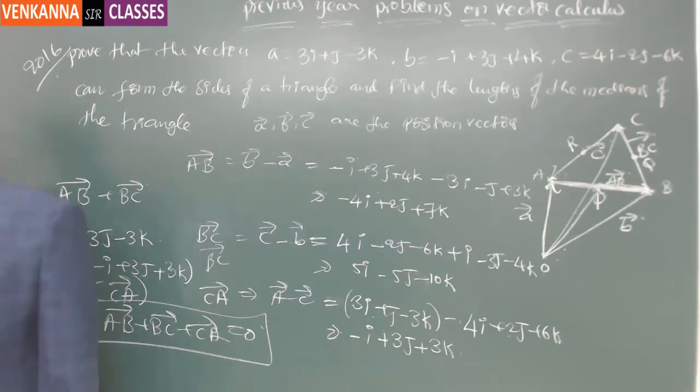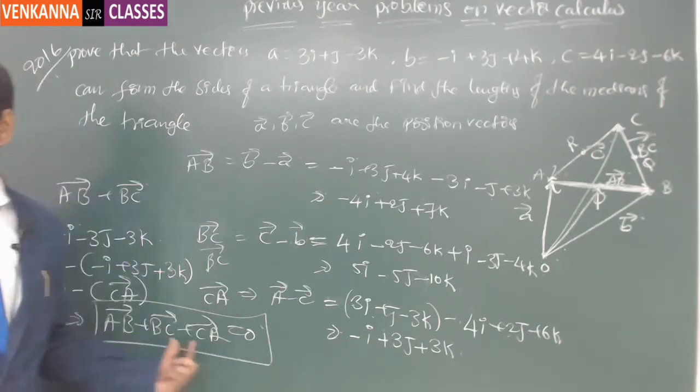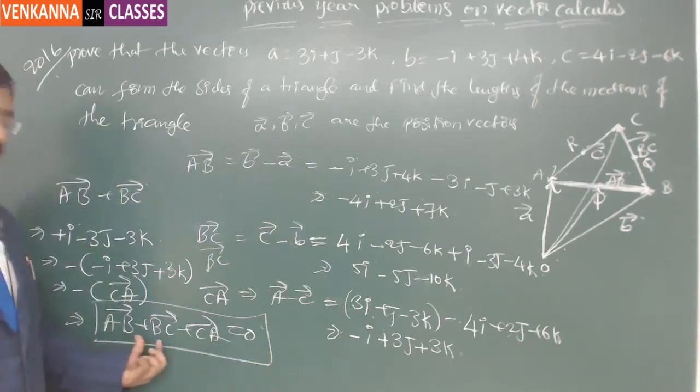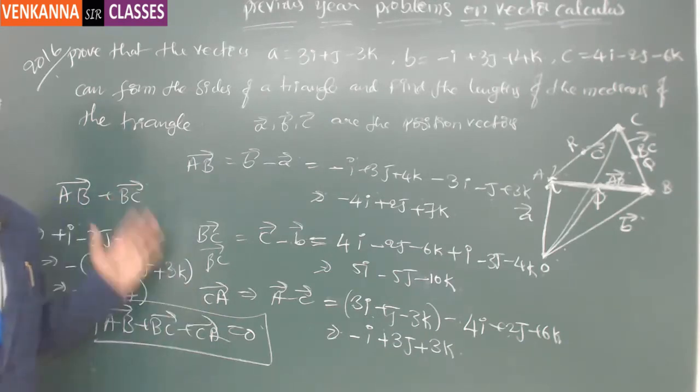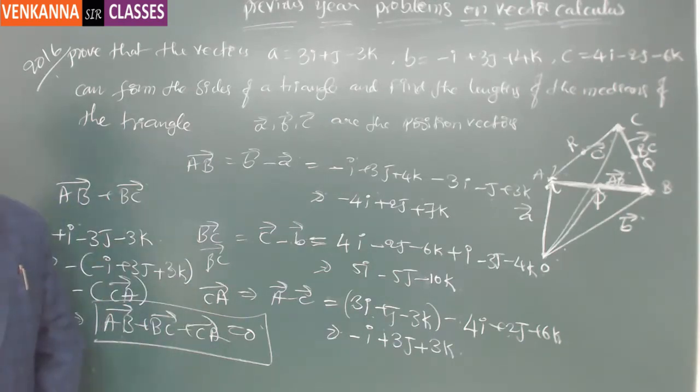If all are collinear, obviously the sum of these two vectors won't be the resultant. No, till this point it is sufficient. As per the triangular law of vector addition, if the three sides of the triangle form the vectors, then the sum is going to be 0.